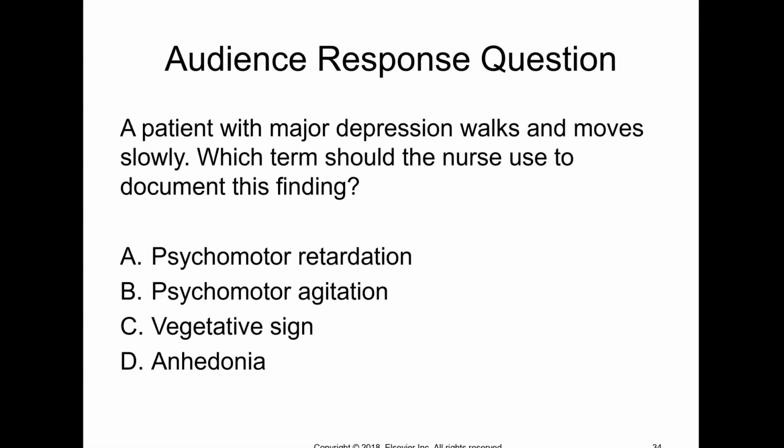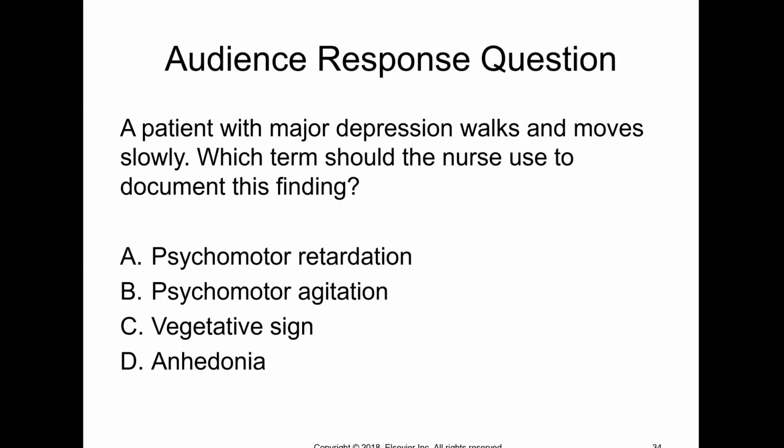So a patient with major depression walks and moves slowly. Which term should the nurse use to document this finding? Now remember, slowly. Doesn't say they're not moving. Psychomotor retardation would be the right phrase. So they're still moving around. They're walking, they're moving, they're getting up out of a chair, they're sitting down, but they're doing it slowly.